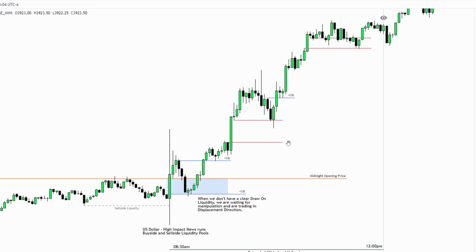And also we can see that price is respecting the fair value gaps, the buy side imbalances, and the bullish order blocks. So all down close candles are getting respected and supporting price to trade higher.